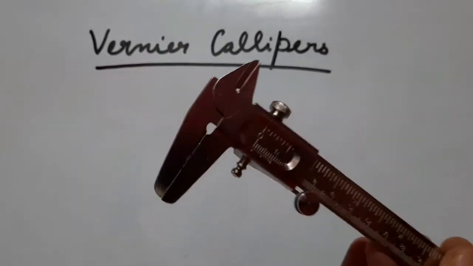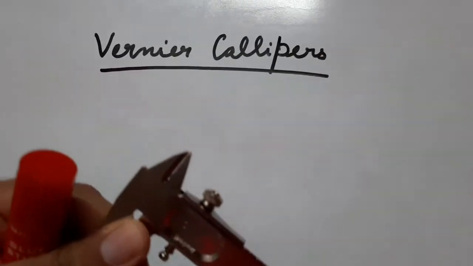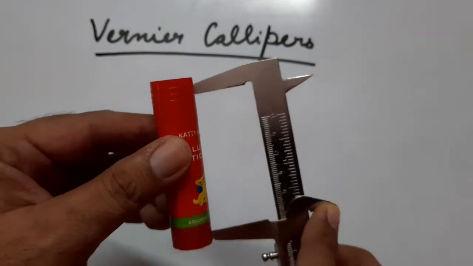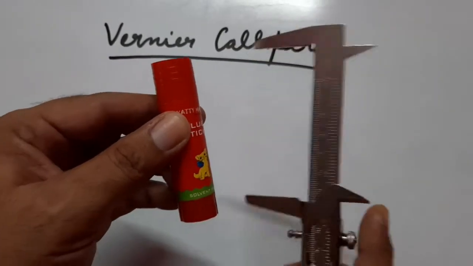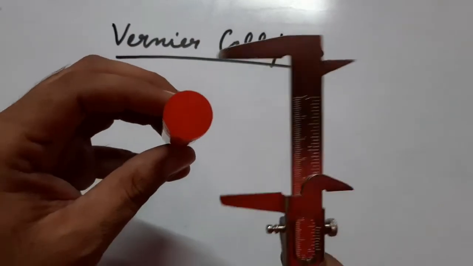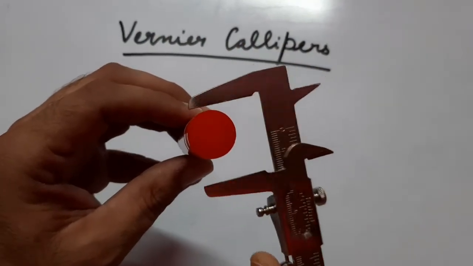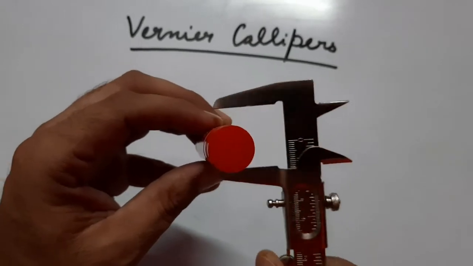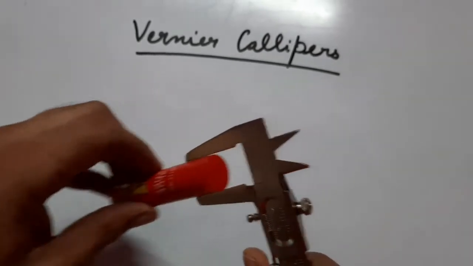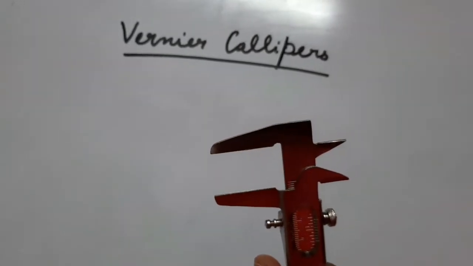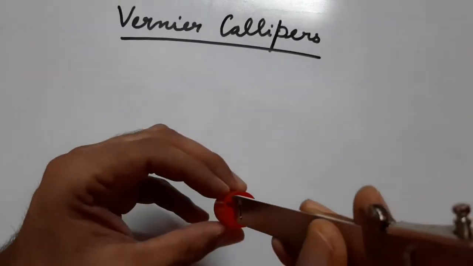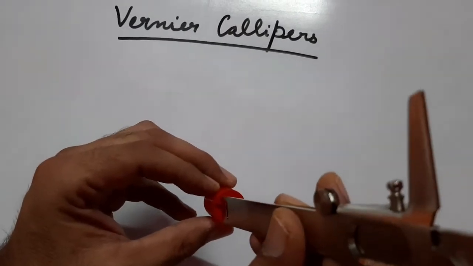First, it is used to measure the length of an object like this, or the outer diameter of a cylindrical or spherical object like this, or thirdly, the depth of a pipe with this part like this.